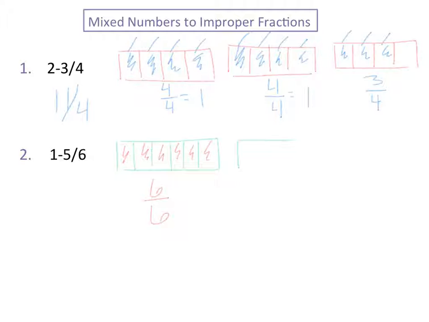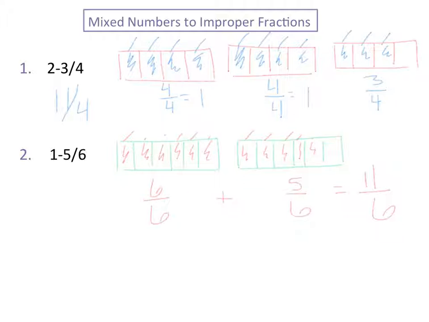So I'll draw another bar and divide it into 6 equal parts and shade 5. 1, 2, 3, 4, 5. So how many shaded parts do I have altogether? I've got 1, 2, 3, 4, 5, 6, 7, 8, 9, 10, 11. So my improper fraction is 11/6.